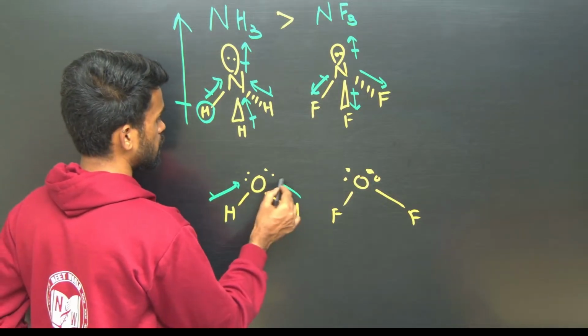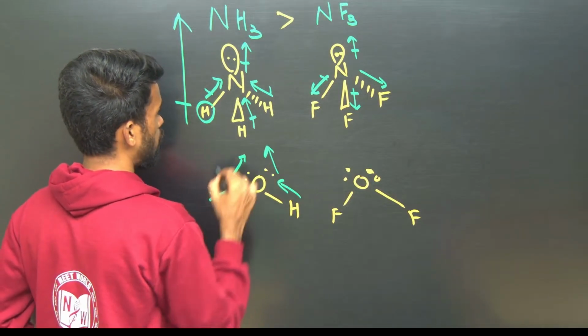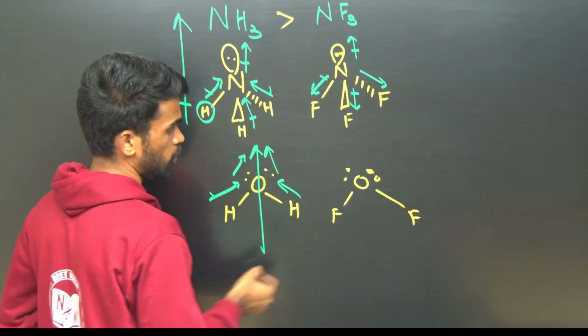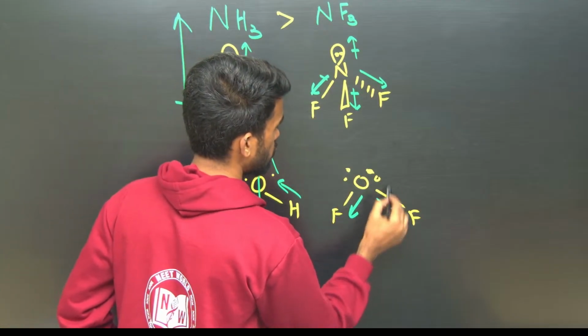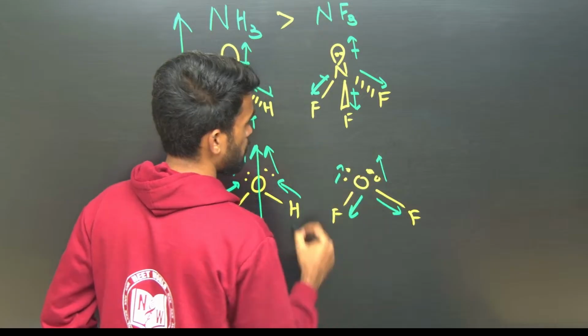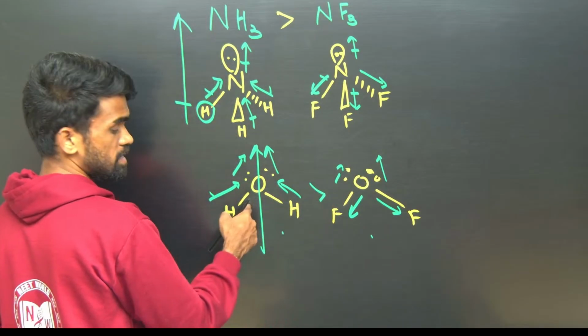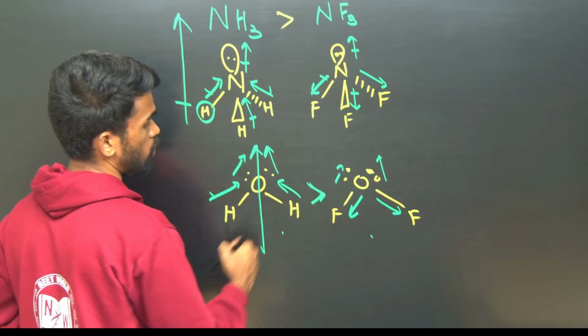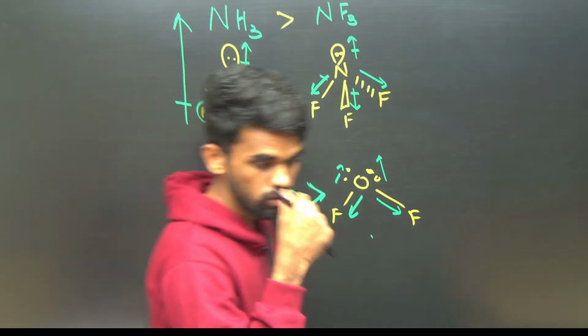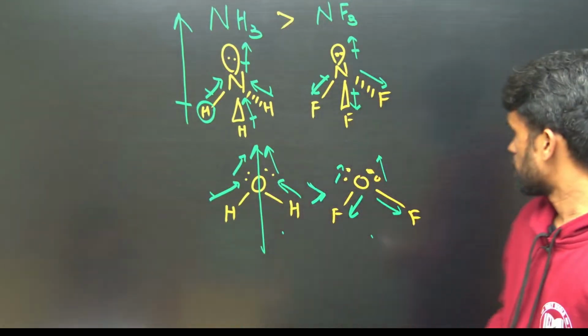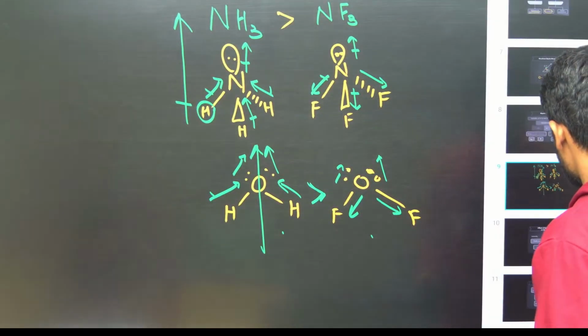Towards the oxygen side, and this is also upward. So total mu is upward, but here it is downwards, and this is upward. So now what happens? Here it cancels out, but here it is not cancelled. So here it is added up. So mu net will be more in water than in OF2. Okay, right. Next we will move forward.